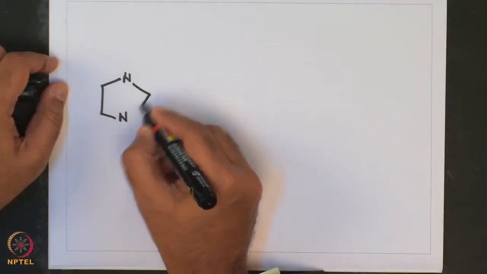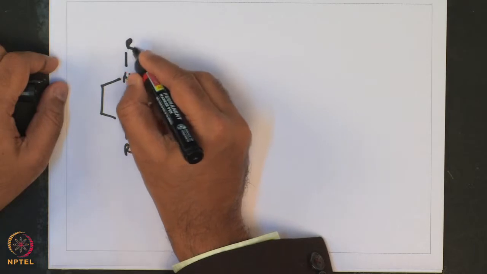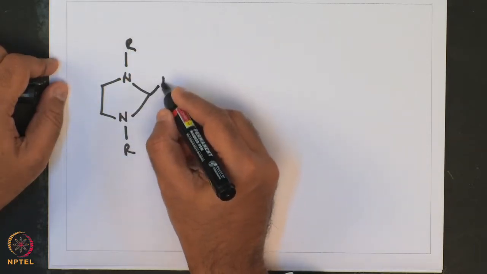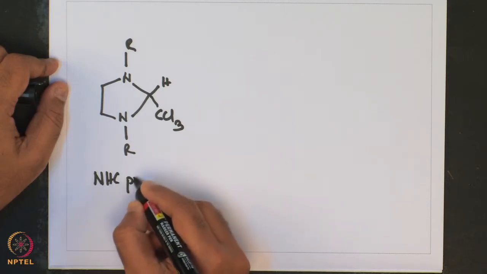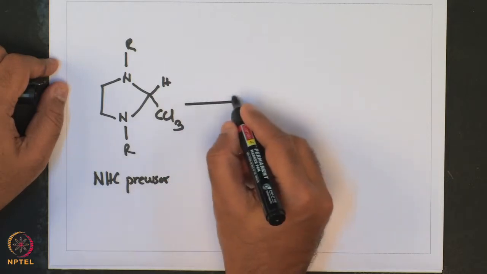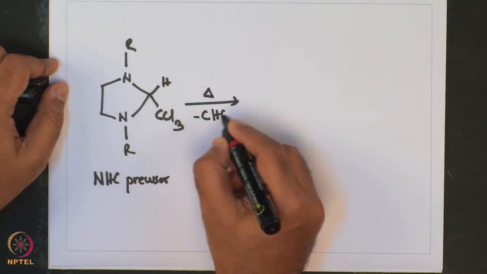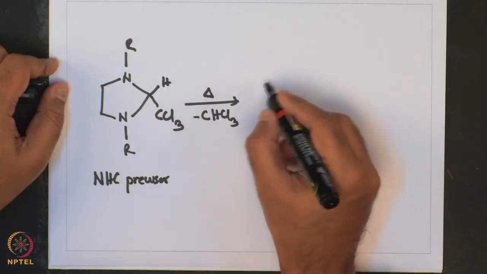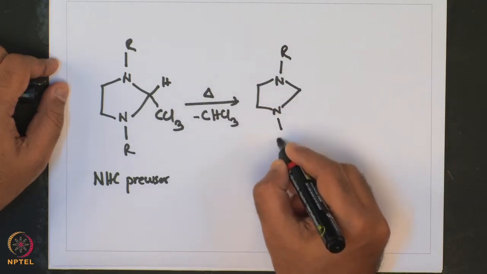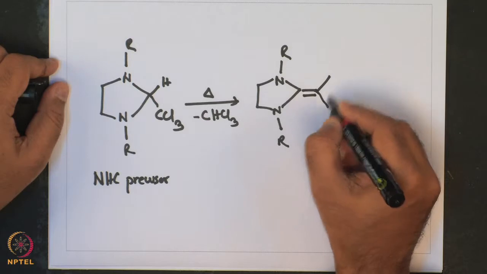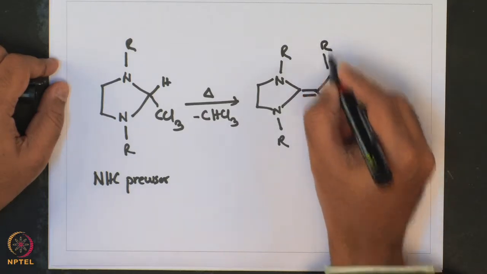Of the types of imidazolium precursor, one type has a hydrogen and a CCl3 moiety, as shown over here, and these are called NHC precursors, which upon heating give off chloroform, CHCl3, leading to free carbenes that dimerize to give an olefin of the type shown over here.